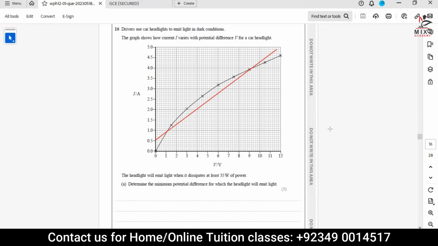Now can you find the power? Hafsa, can you tell me which formula we will use for the power? P equals IV. That's good. P is equal to IV. So can you calculate it now?